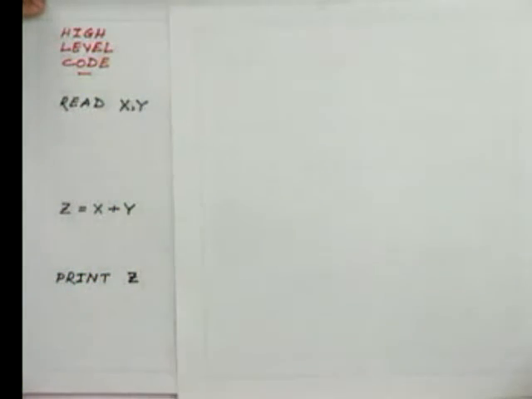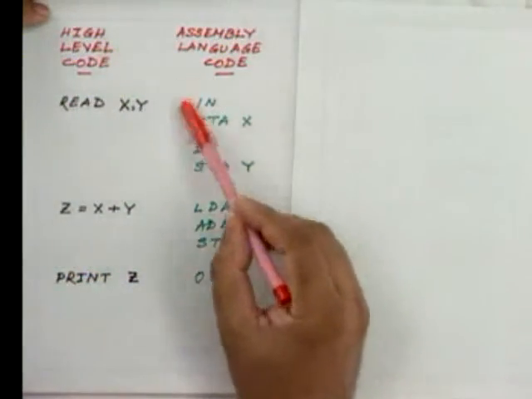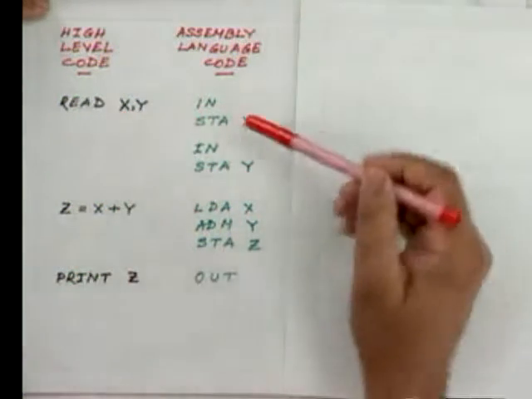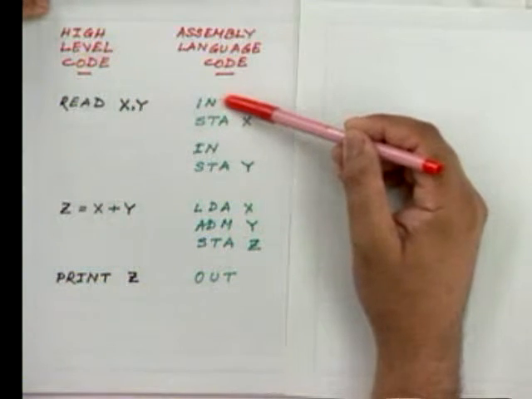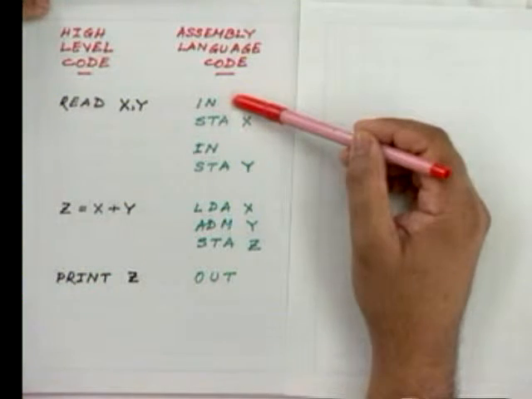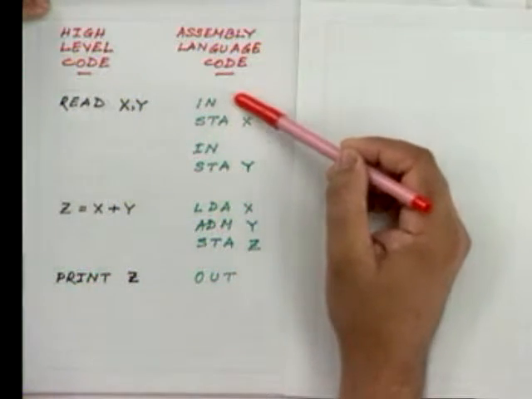Now, as I said, this high level language code cannot be executed directly by the machine, and therefore it is translated first into an assembly language code, where read x is converted into an assembly language statement, an input statement which reads an input into the accumulator.